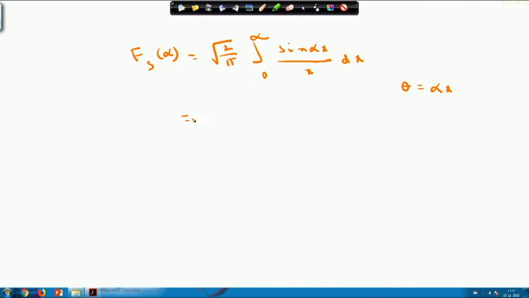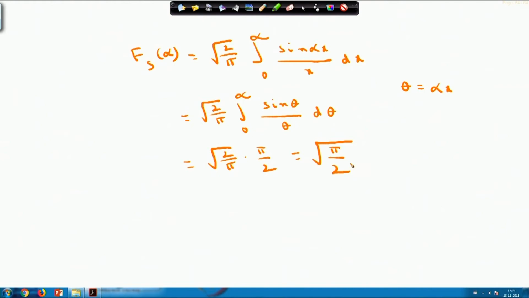Then this becomes root over 2 by pi, integral 0 to infinity sin theta by theta d theta, and I know the value of 0 to infinity sin theta by theta d theta is pi by 2. So the result will become root over pi by 2, very easily, with the simple knowledge that the integral from 0 to infinity of sin theta by theta d theta equals pi by 2.